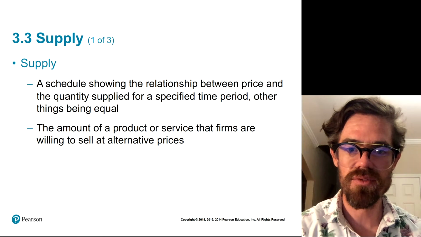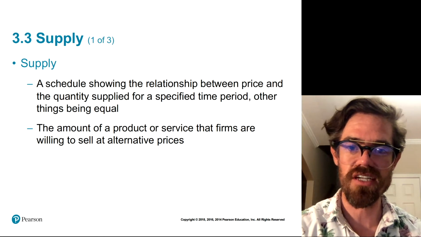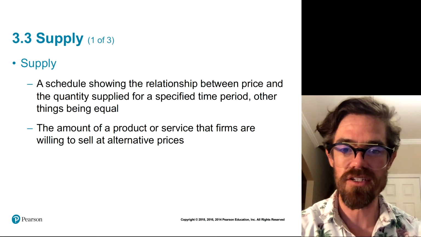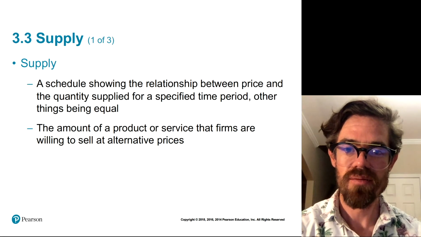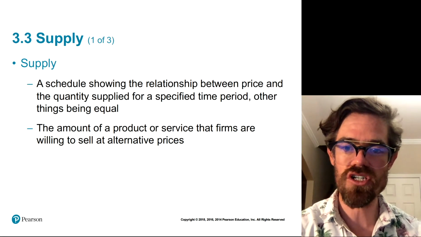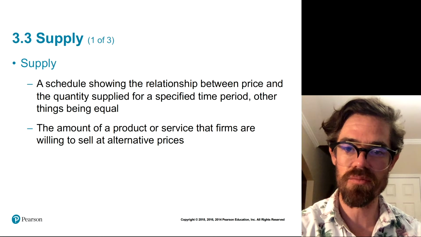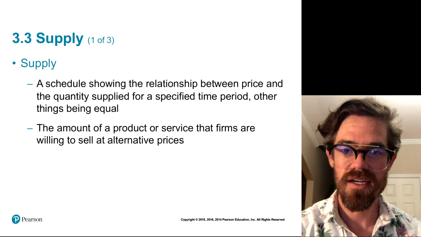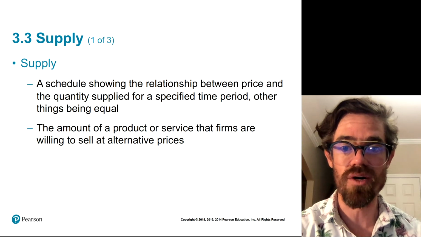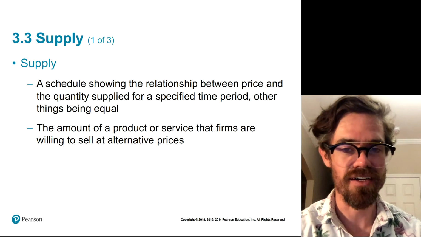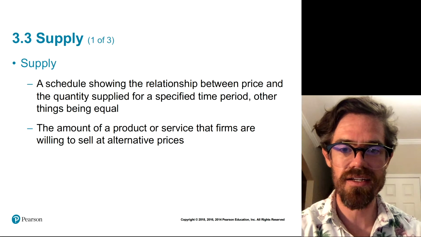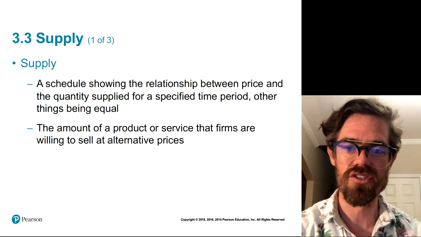All right, so just like with demand, supply is a schedule or can be expressed as a curve on a graph as well, but it's showing us a relationship between price and quantity supplied. How are those two things related?